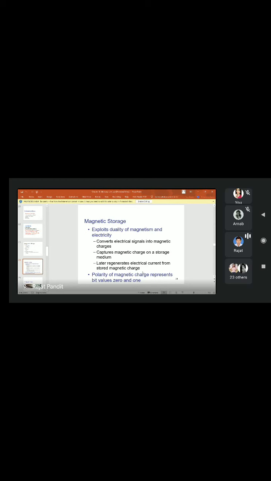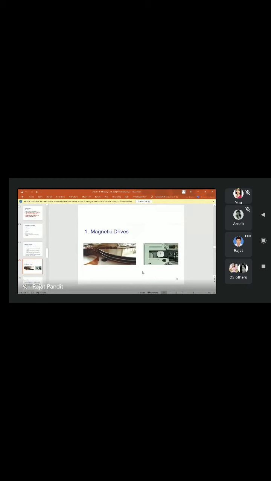So convert electrical signals into magnetic charges, capture magnetic charges on a storage medium. The reader regenerates electric current from the stored magnetic charge. Polarity of magnetic charge represents bit values 0 and 1. Because 0 and 1 is nothing but binary code, right? Which is required for the computer system. So you see this is your magnetic drives. Okay.